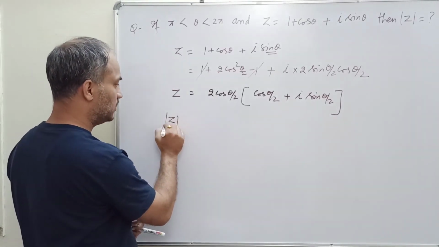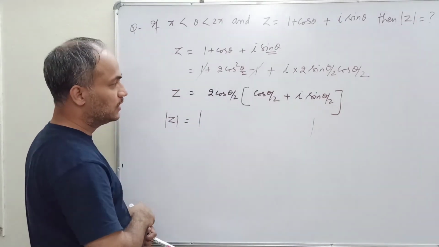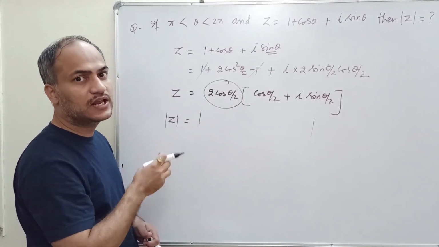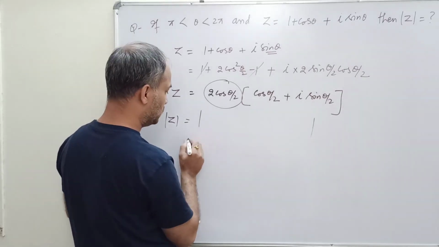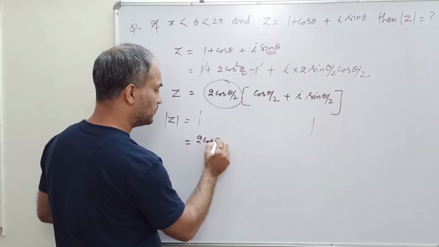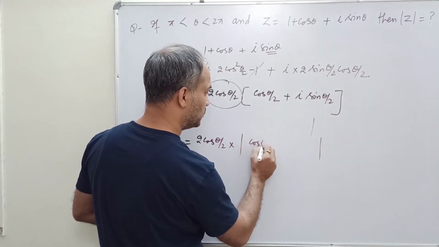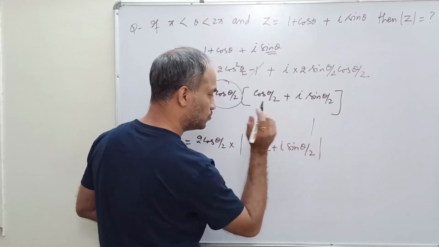What is modulus of z? This is modulus of this entire term. Since 2 cos theta by 2 is just a real number, it can be taken out anytime. So modulus of this term will be 2 cos theta by 2 into modulus of cos theta by 2 plus I sin theta by 2.